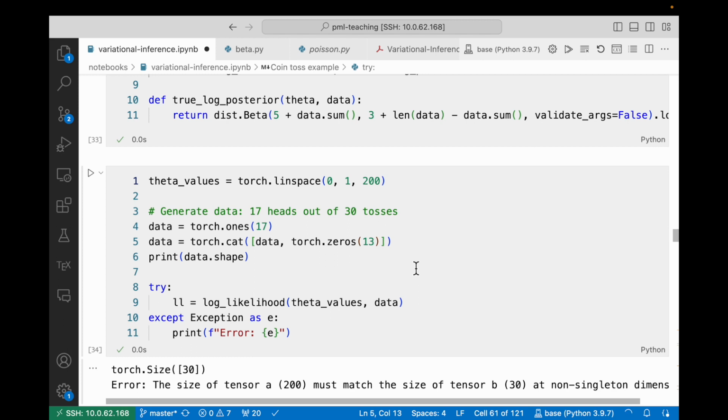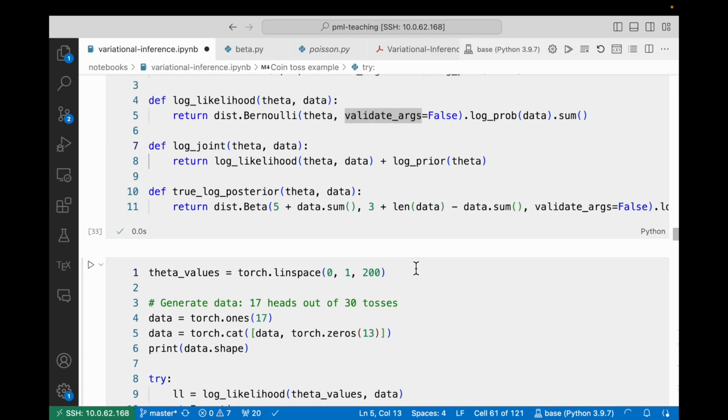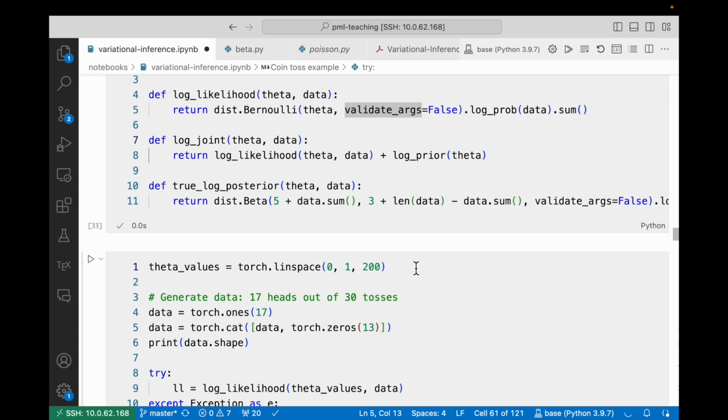Can anyone tell me what I'm trying to show in this cell number 34? Let me show you the log likelihood also. For log likelihood, what are the two parameters? Theta, whose shape is 1 cross 2. Why 1 cross 2?